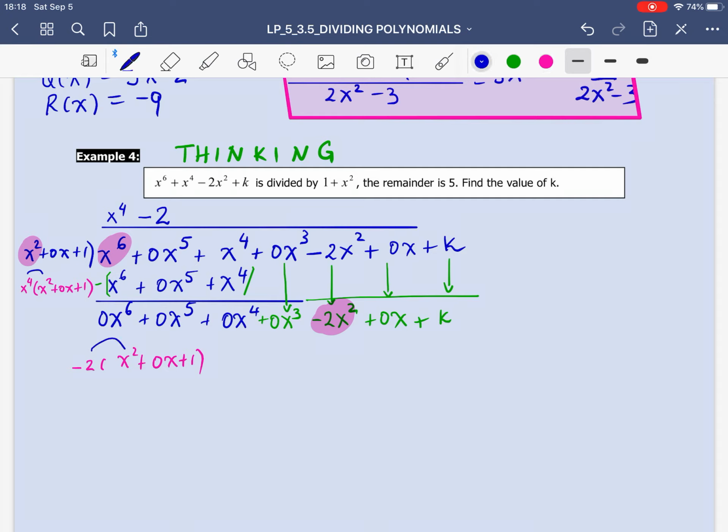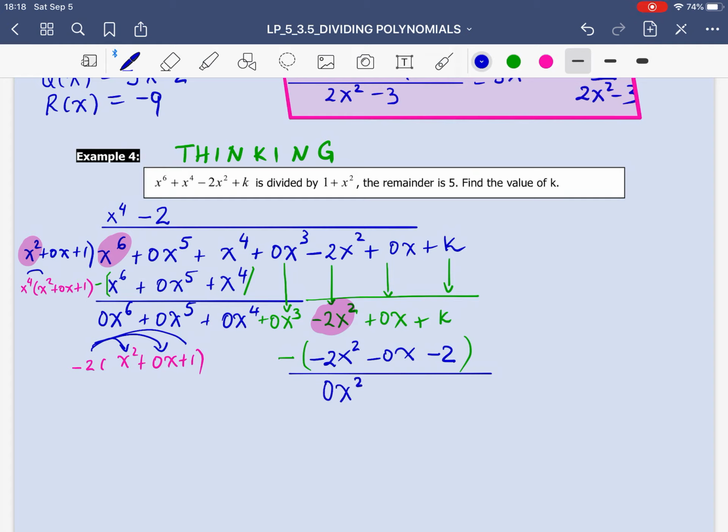So that will give negative 2x^2, negative 0x, and then negative 2. We'll draw the line here, and we will subtract. And we have negative 2x^2 minus negative 2x^2 equals 0x^2.